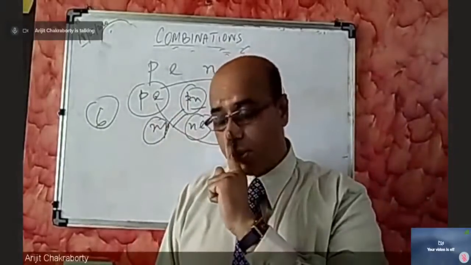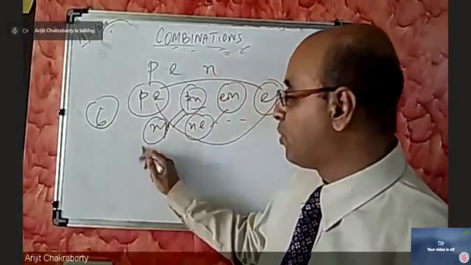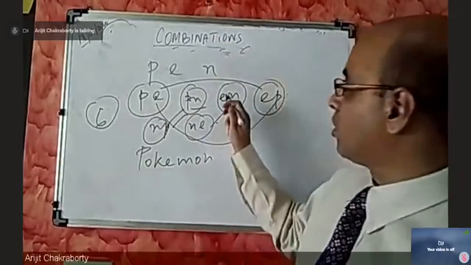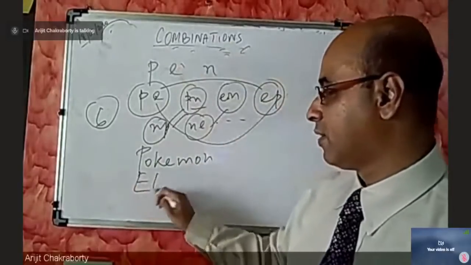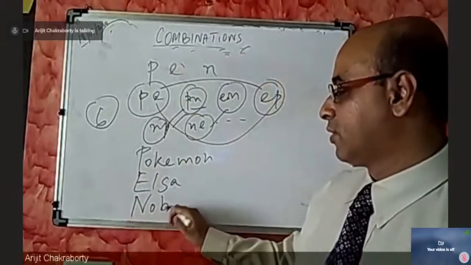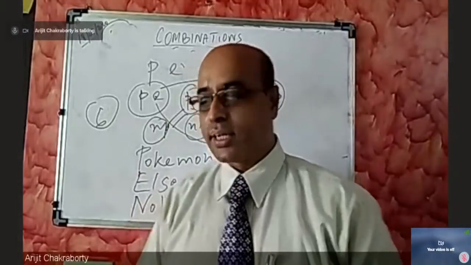But if I ask you that PEN stands for, say, P for Pokemon, E for Elsa, and N for Nobita. Okay, I think all are very famous, world famous characters.